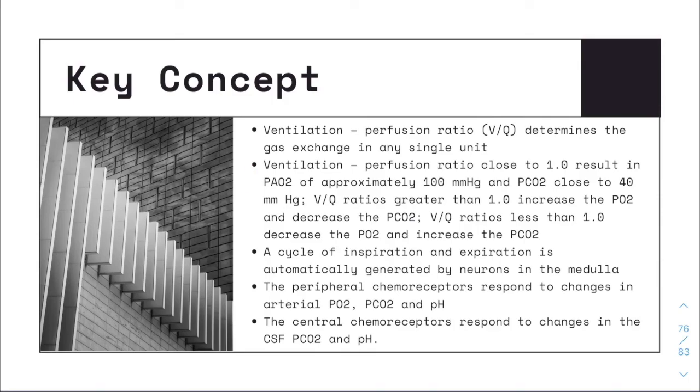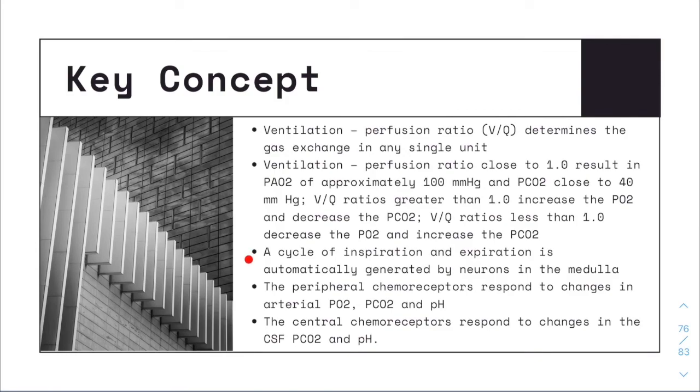Ventilation perfusion ratio close to 1 results in oxygen tension of approximately 100 or 104 and PCO2 close to 40. VQ greater than 1 increases oxygen tension and decreases PCO2 tension. VQ lesser than 1 decreases oxygen tension and increases PCO2 tension.